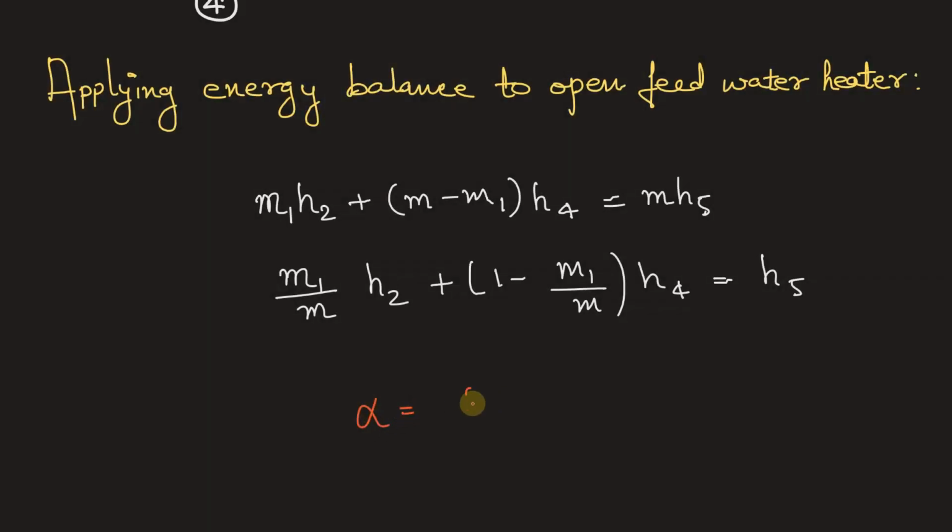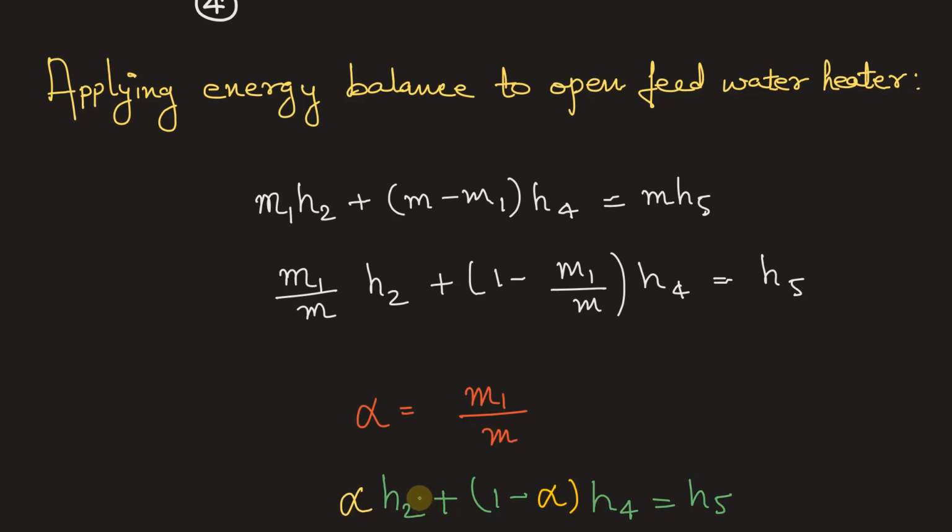So our equation becomes alpha into H2 plus 1 minus alpha into H4 is equal to H5.